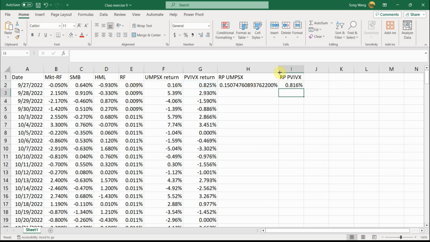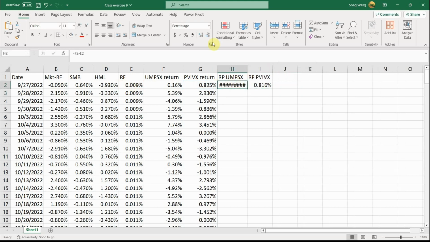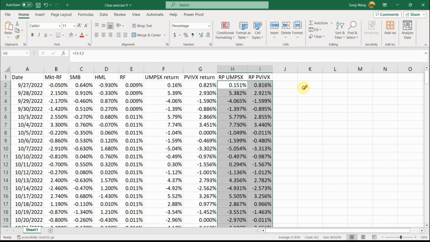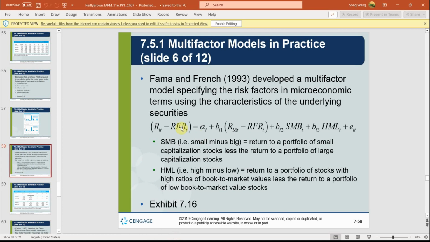This one is too long, so I will decrease the decimals. And then I just drag it all the way down. So you can see the risk premium is produced, and that's just what I did here, following the rule: return minus risk-free rate. Then I got all three factors lined up.